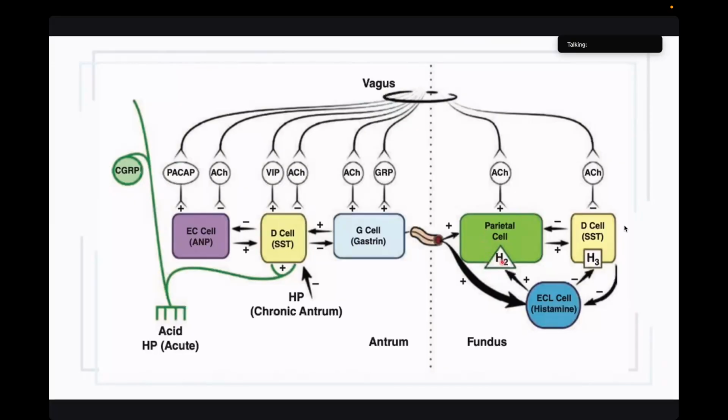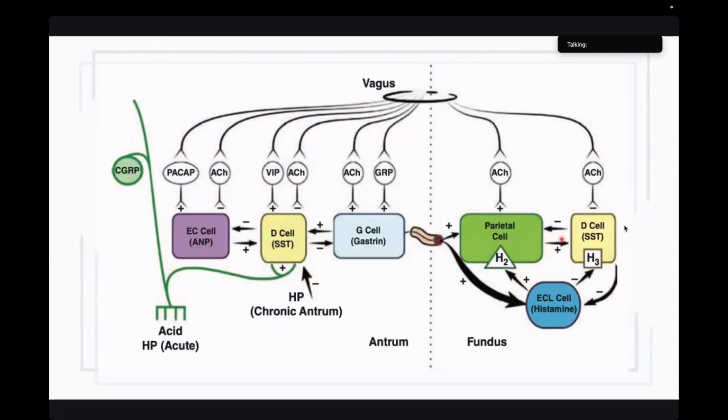Now, aside from the parietal cells, the other major stimulators are the G cells, which make gastrin. This is a hormone that strongly promotes acid secretion, and the enterochromaffin cells. This releases histamine, which then activates parietal cells via the H2 receptors. This is actually the pathway by which the H2 receptor blocking agents act.